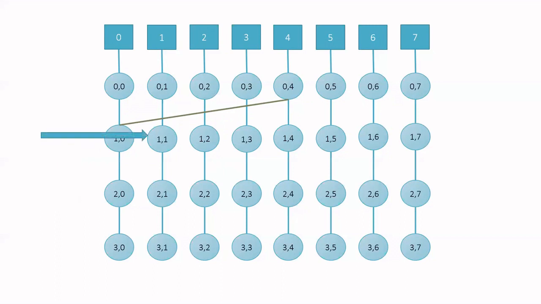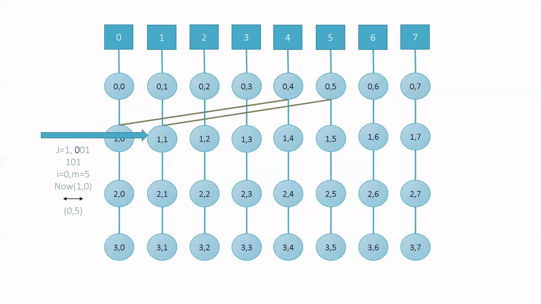We will see one more example. Take the node 1, 1. Take the binary representation of 1, which is 0, 0, 1. Flip the MSB, making it 1, 0, 1, which is the binary value of 5. The connecting node will be 0, 5.